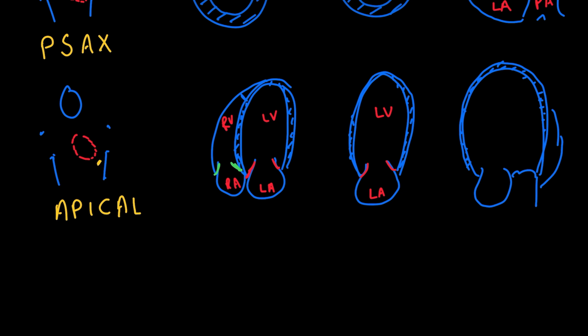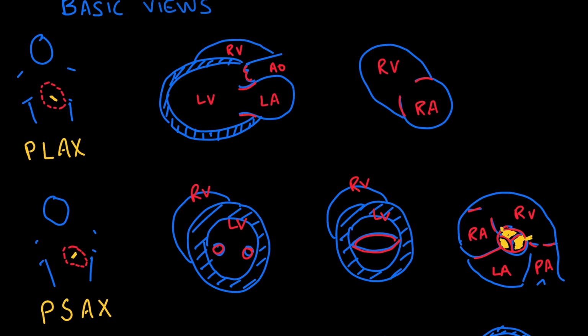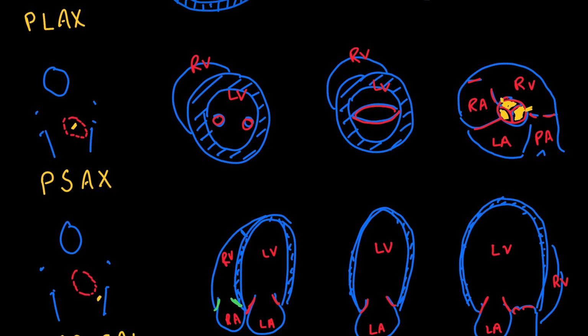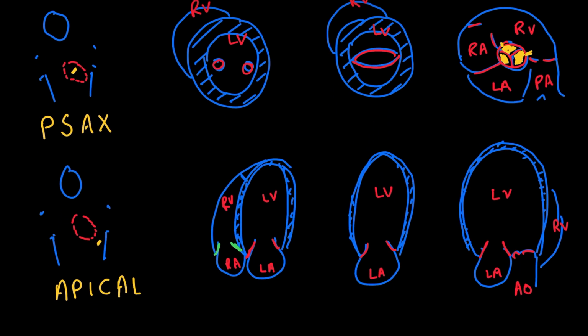Let me label these again. So left atrium, your mitral valve, left ventricle, your aortic valve, and your aorta. Right ventricle over here. Now if you recall from our parasternal long axis, it's very similar to the very first view we looked at. You're actually looking at all the same structures, just from a different angle, but it does look very similar.